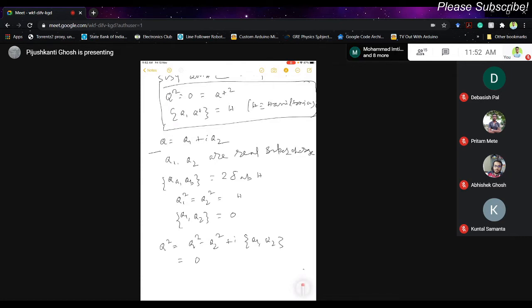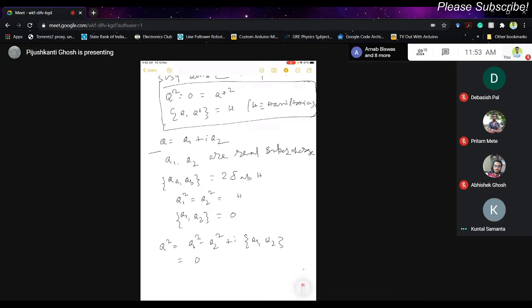Now you quantize the theory. When Q is an operator, Q1 is a charge operator, Q2 is a charge operator, then you call Q1 a Hermitian operator, Q2 a Hermitian operator, and Q non-Hermitian. Clear?